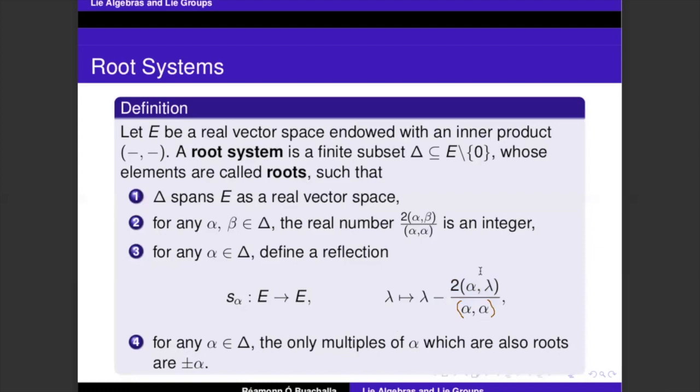And then the second condition you can see is basically asking for the symmetry that we have here, this symmetry under reflection. Oh, sorry, there's another, wow. Yeah.